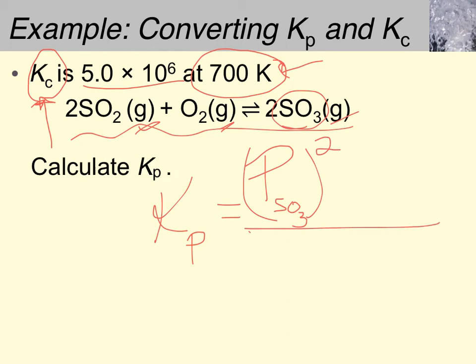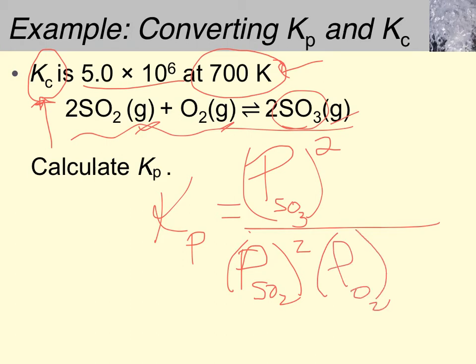That's the only product. And then in the denominator, pressure of SO2 squared times pressure of O2. That would be the Kp expression. But you don't even need to write that to solve this problem, because you have the equation I just gave you relating Kc and Kp. So let's see what that looks like.